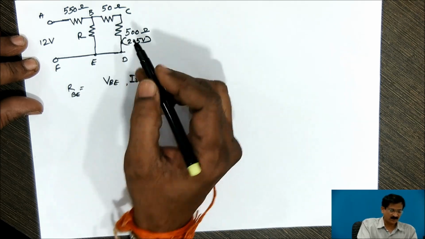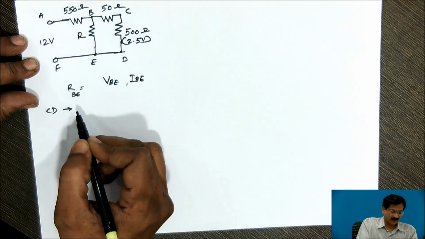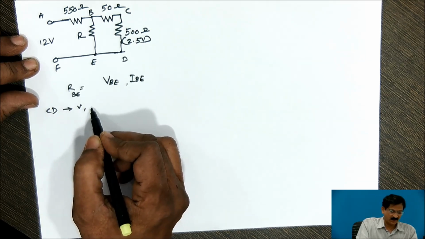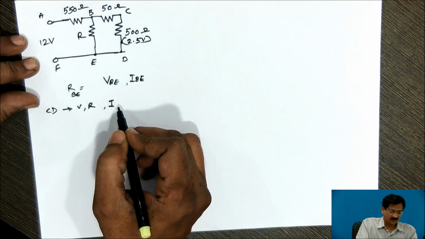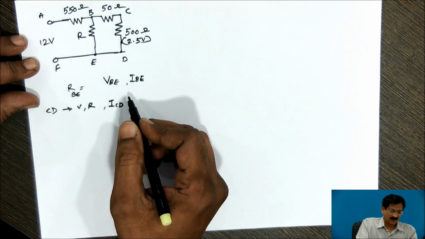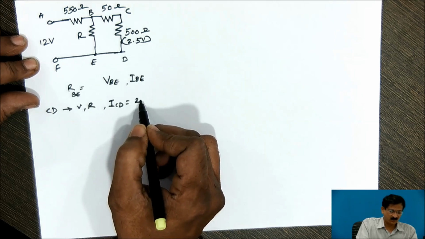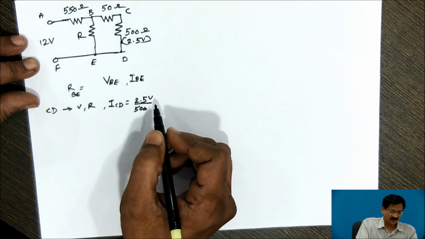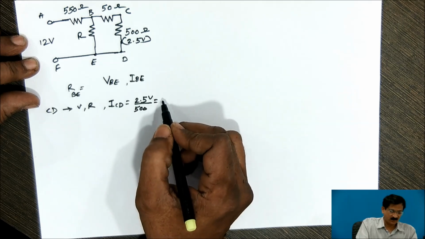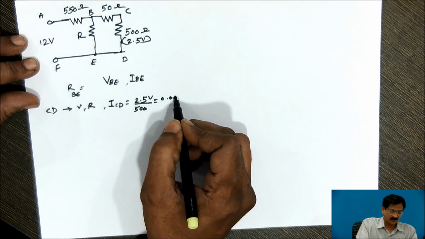So, in branch CD, we know two parameters, voltage and resistance. So we can find out the value of the current, that is ICD, that will be equal to 2.5 volts divided by 500 ohm resistance, and it comes out to be 0.005 ampere.